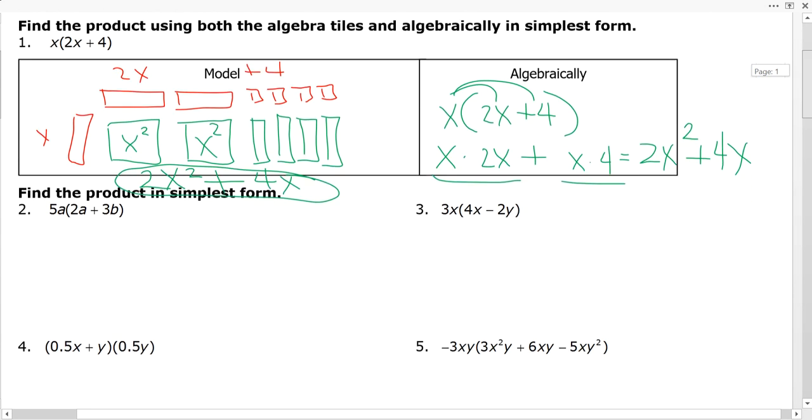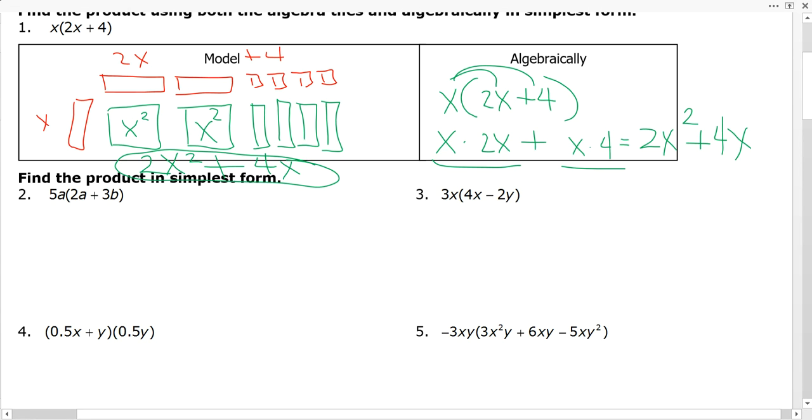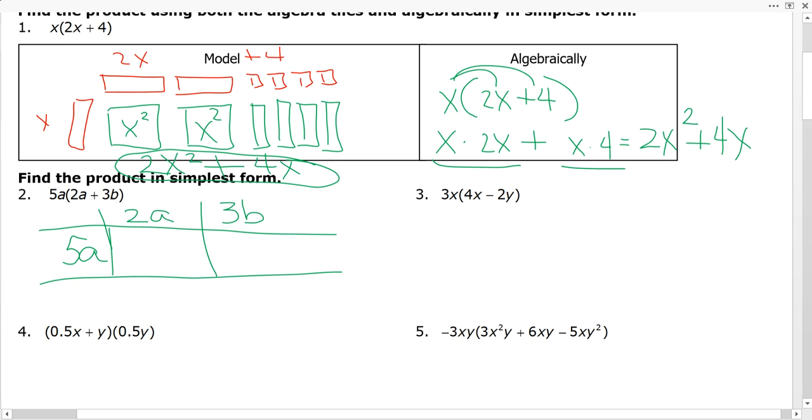Okay, one last way to think about organizing these is to make kind of like a chart. I'm going to put my monomial over here, and I like to make it look more like a chart. I'm going to separate out my 2a and my 3b. When I multiply 5a times 2a, I end up with 10a squared.